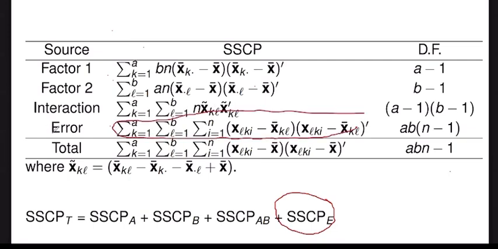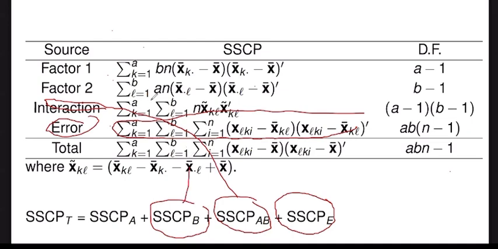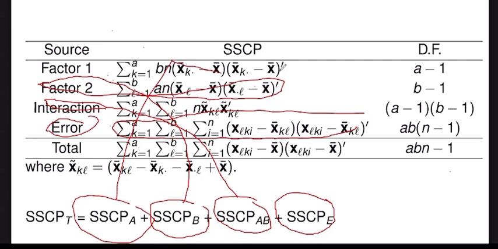The one for the error. This one actually points to the interaction. This one is the sum of squares for factor 2, which you're going to use. And this one will be for factor 1. So pay attention to that.